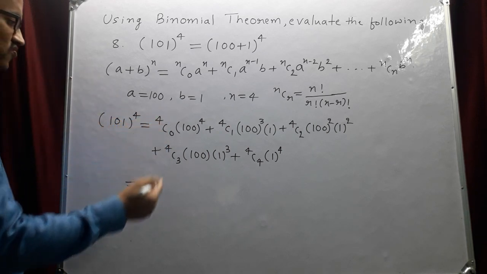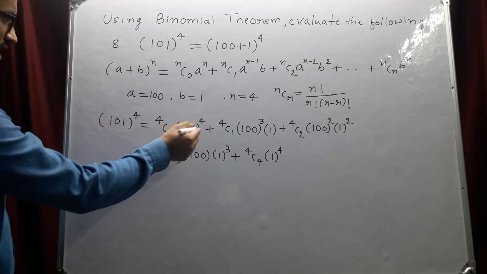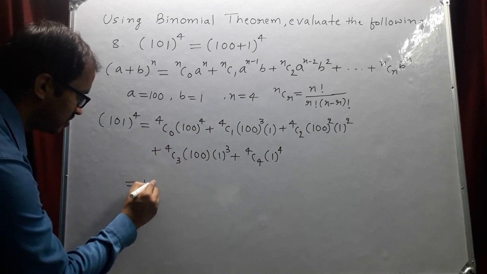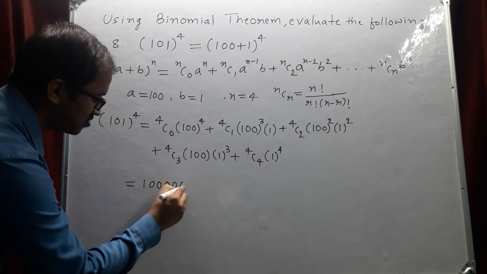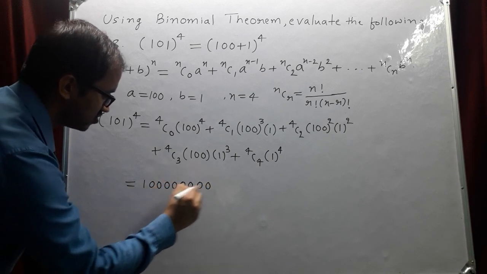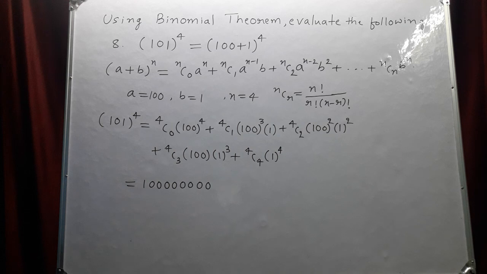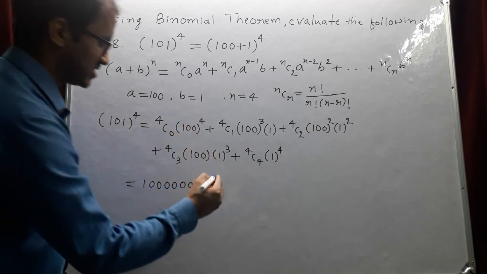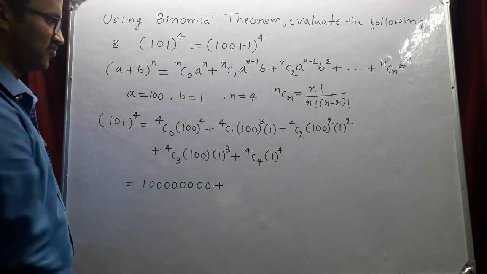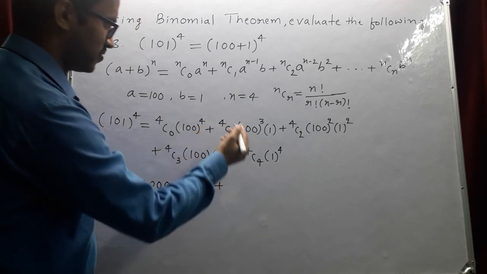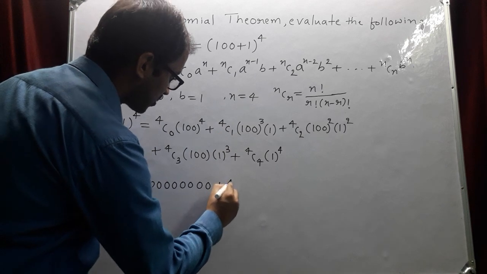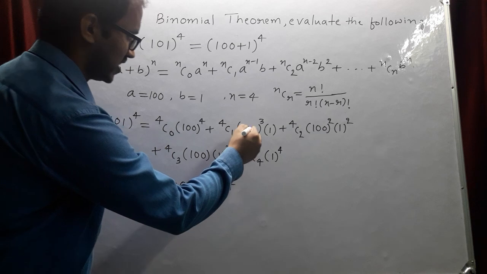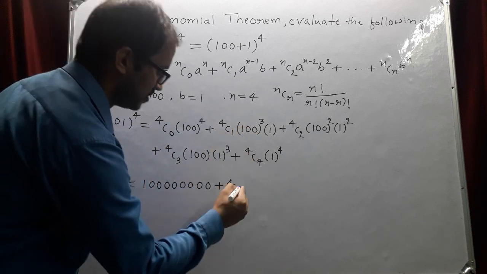If we simplify this, 4C0 value is 1 into 100 power 4. This is the value of 100 power 4, we have to put 8 zeros after 1. Plus 4C1, the value of 4C1 is 4, 4 into 100 cube, 100 cube means 6 zeros.